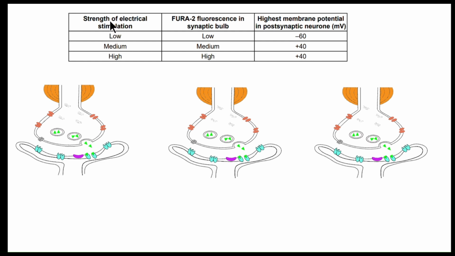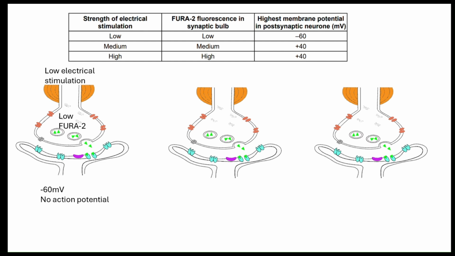So they've told us that the strength of the stimulus in that electrical stimulation is low. If it is low, then there is a low fluorescence in the synaptic bulb. And what they've also mentioned is the highest membrane potential in the postsynaptic neuron is minus 60 millivolts.